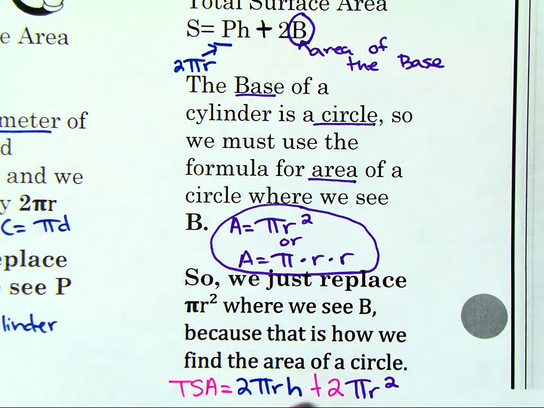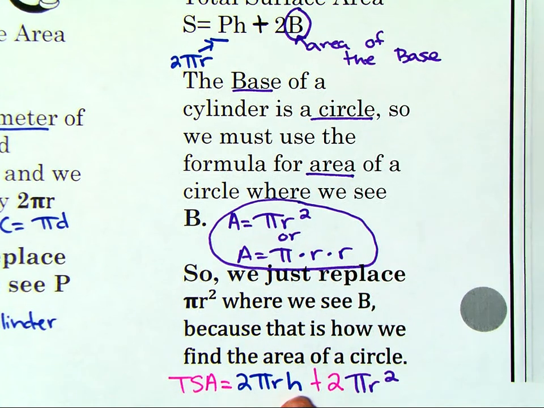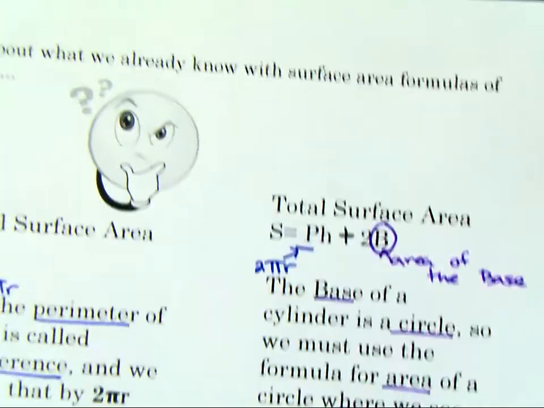So again, it makes sense if we're already using radius over here, we should use the circumference formula with radius for that perimeter. Okay? So your constants in the formula are going to be the 2 and the pi. Your variables, what are changing, are your radius and your height, depending on the radius and the height of the cylinder. Okay? So this is just something for us to think about of where these formulas came from.